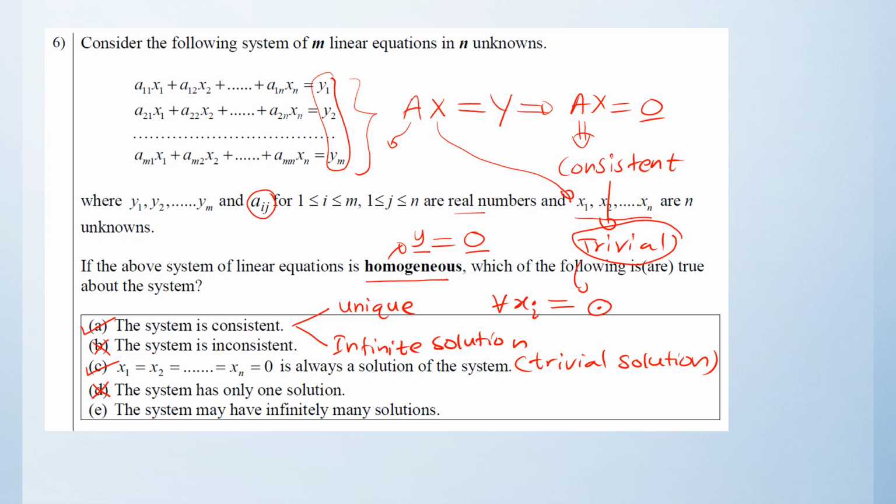It may have a unique solution and it may have an infinite number of solutions, since these two are the main two cases for a consistent system. So E is correct, since the system may have infinitely many solutions. So the answer is A, C and E.